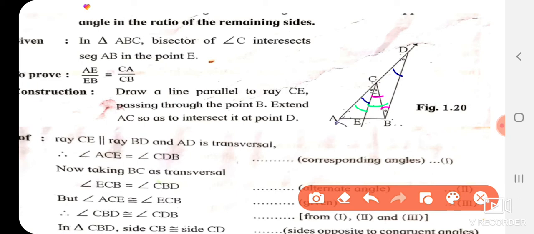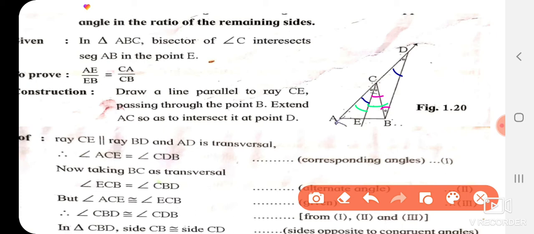Now let us look at the triangle again. We have three pairs of congruent angles. The one that is marked in blue are corresponding angles, where we have taken CE parallel to DB and AC as the transversal. So we have angle ACE congruent to angle CDB, corresponding angles.